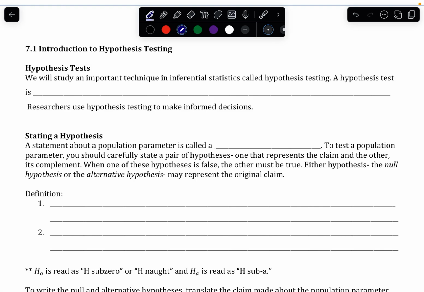All right, 7.1, Introduction to Hypothesis Testing. We're going to study an important technique in inferential statistics called hypothesis testing.